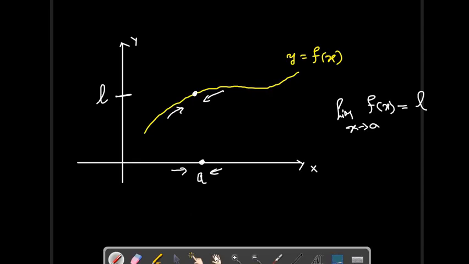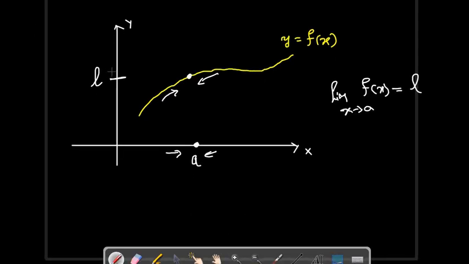This can be said in a different way. You take some neighborhood around L, that is L minus epsilon, L plus epsilon. Then we can find a neighborhood around A, somewhere here, so that every point in the neighborhood of A will be mapped in between these two lines.